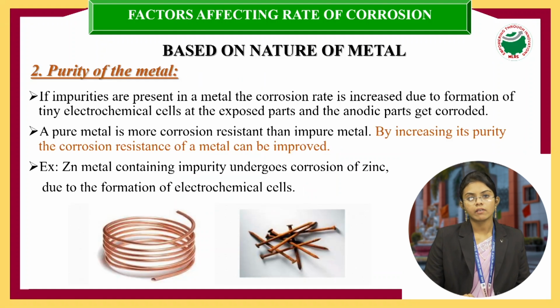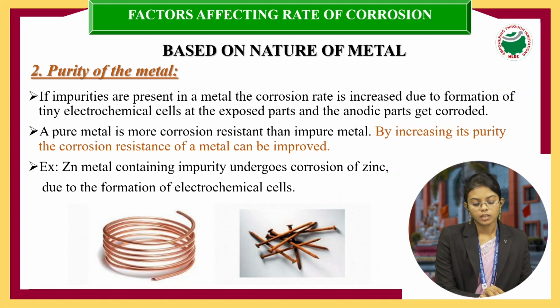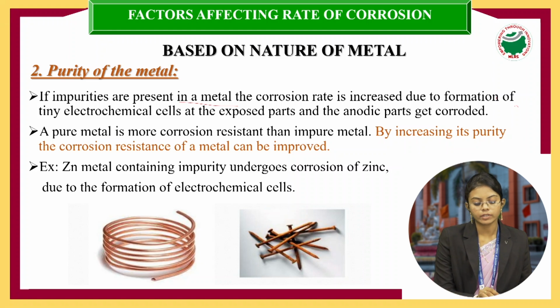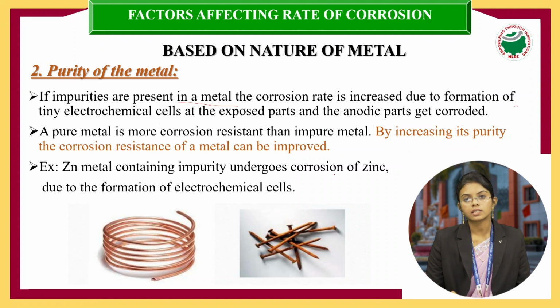The second factor we have is the purity of the metal. If impurities are present in a metal, the corrosion rate is increased due to the formation of a tiny electrochemical cell at exposed parts, and the anodic parts get corroded.